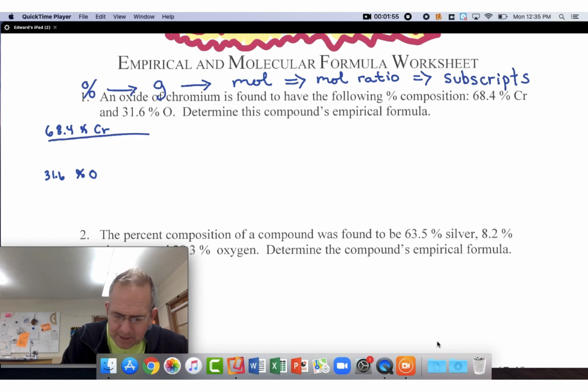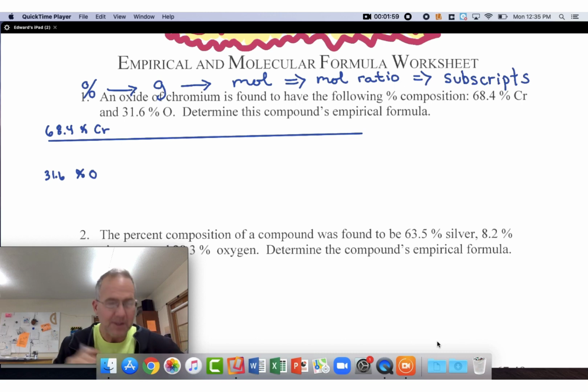Hey, you know what I like to do? Just make an assumption. Let's just pretend we have 100 grams. If we have 100 grams, then we can do a really quick, easy conversion.